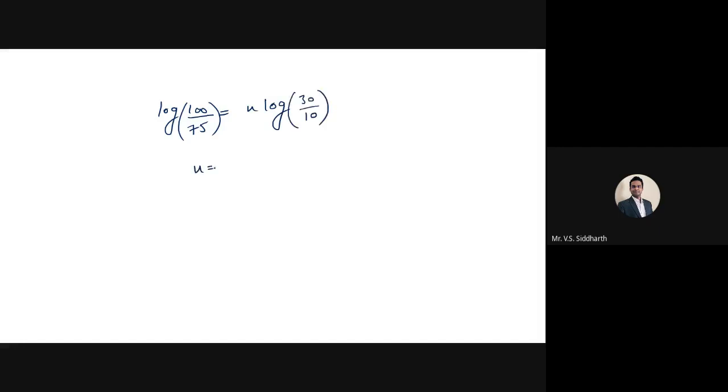So n equals log 100 by 75 divided by log 30 by 10. How much are you getting? Tell me how much you are getting. 0.261.